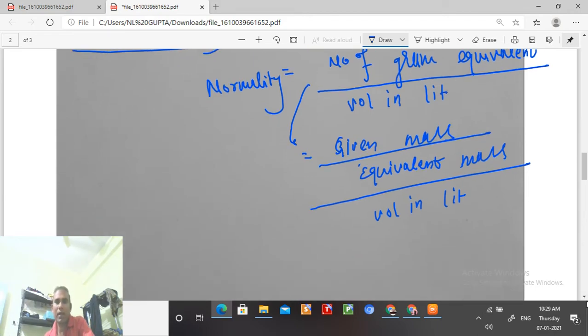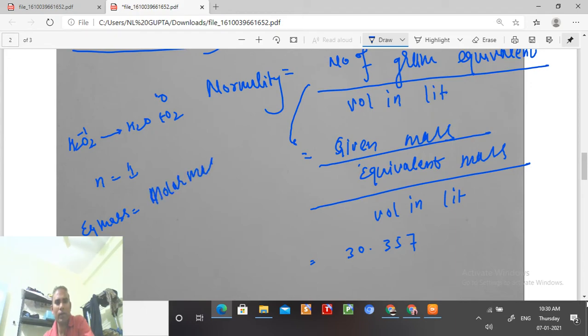The given mass we calculated is 30.357. For the equivalent mass, H2O2 is converting into H2O plus O2, so the oxidation state goes from minus 1 to 0, so the n factor is 1? No, the n factor is 2, not 1. Equivalent mass is molar mass upon n factor.